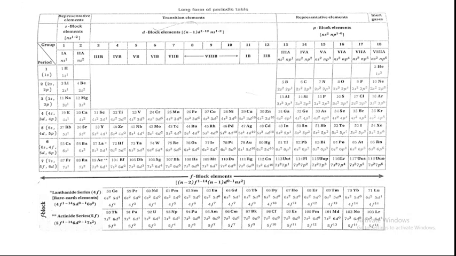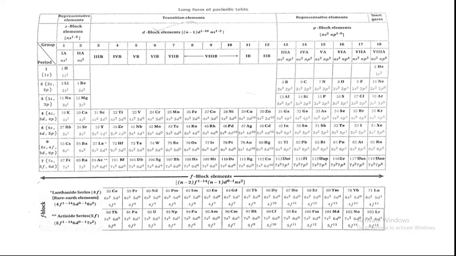Now in this table there are some properties. The elements are arranged according to their last shell electronic configuration group-wise and successively according to their atomic number. According to the last shell electronic configuration, the elements are classified into some block elements.